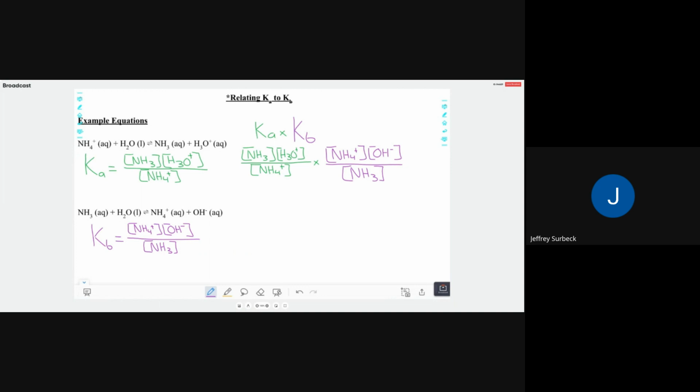NH3 in green is on top and on bottom. Because they're diagonal, just like in stoichiometry or conversion factors, they cancel each other out. Same thing happens with our NH4 plus. We have green NH4 plus on the bottom and purple on top, so we can cancel these out.